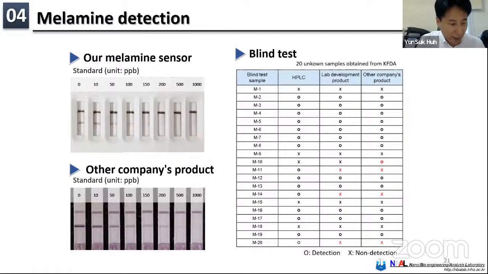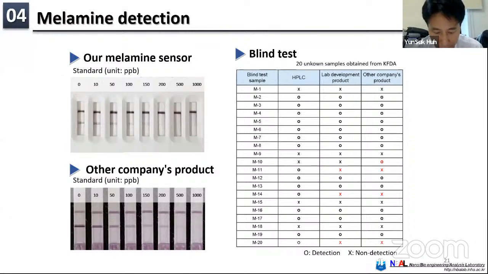This slide shows that we cross-checked to evaluate the applicability in the field. Blind tests were carried out using 20 unknown samples from the Korea Food and Drug Administration. We obtained samples from the KFDA and did blind tests to figure out the concentration of melamine in the 20 unknown samples.